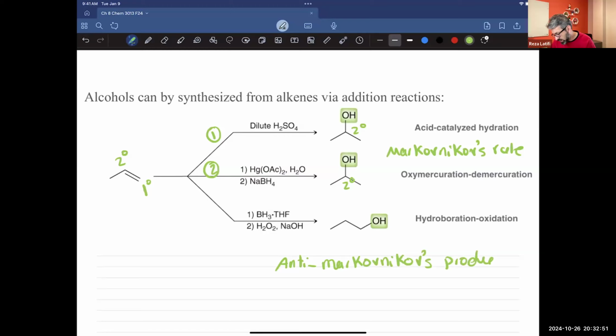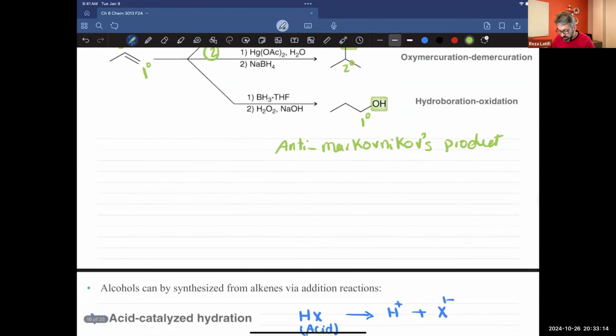What does it mean? It means the OH will show up on the carbon with fewer substituents. This one is a primary carbon, and the OH showed up there. So we got a primary alcohol. Okay, so with the technique that I'm using here, two of them are giving me secondary alcohol, and another one gave me primary alcohol.